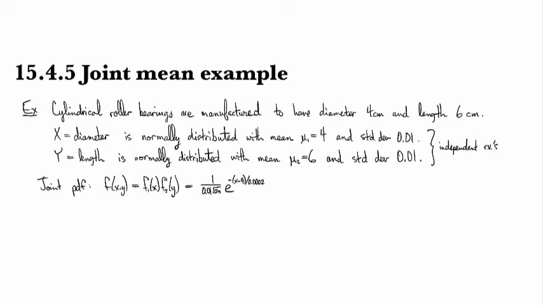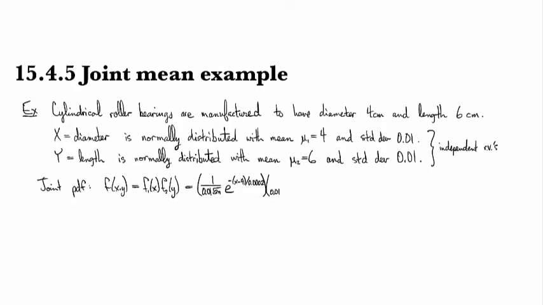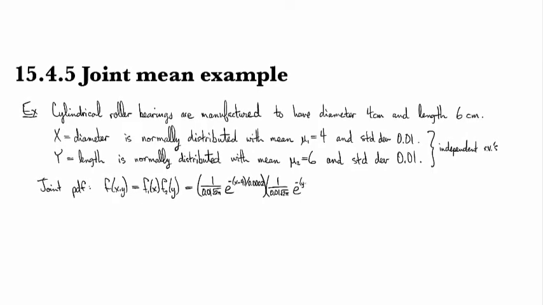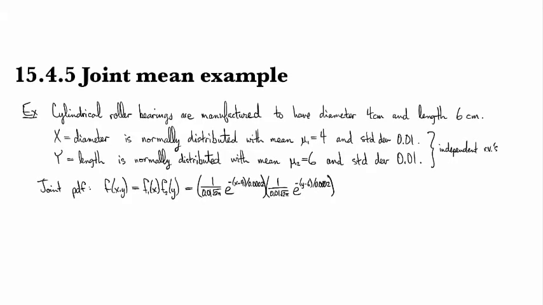That's our f1. Our f2 looks very similar, except that the mean is now shifted over to 6. So this is e to the minus (y minus 6) squared divided by 2 times the same standard deviation squared.